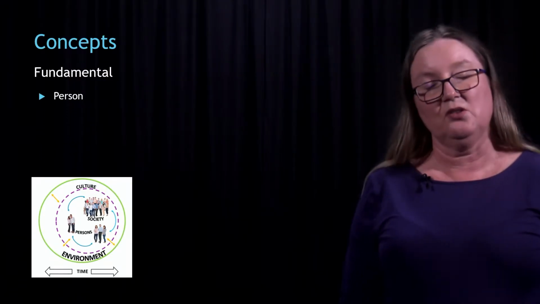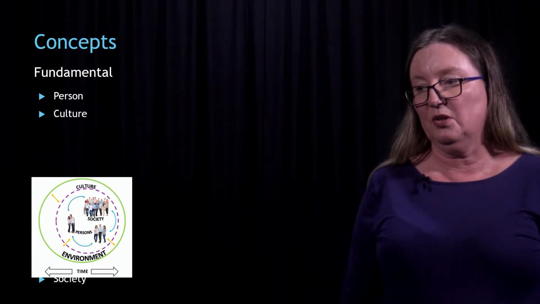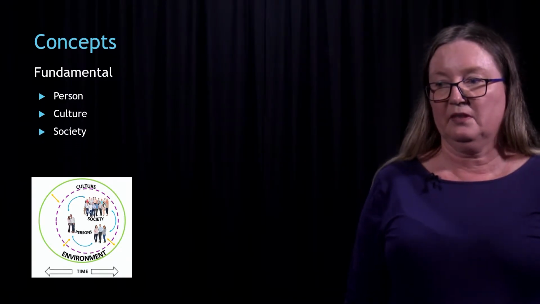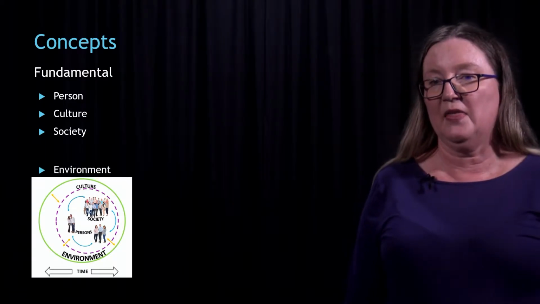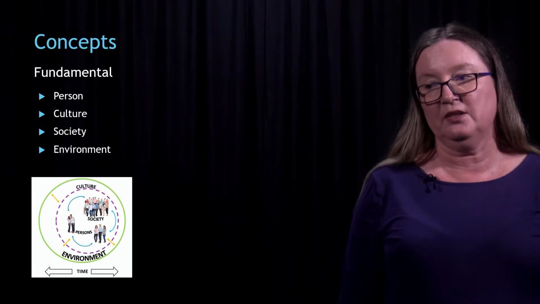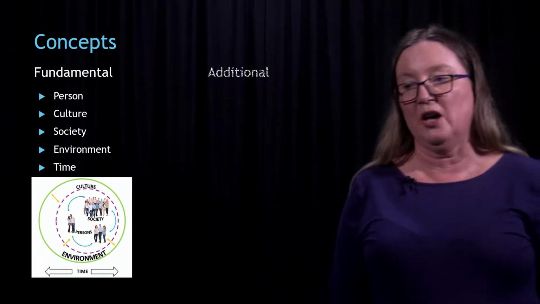The second is culture. The third is society. The next one is environment. And the last one is time. So we look at societies and cultures, their influence on persons, and the environment and time.